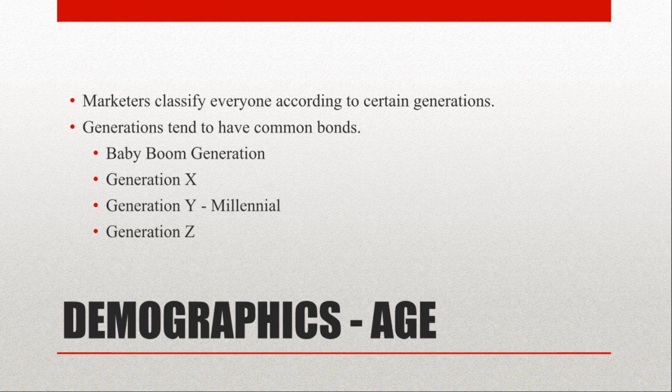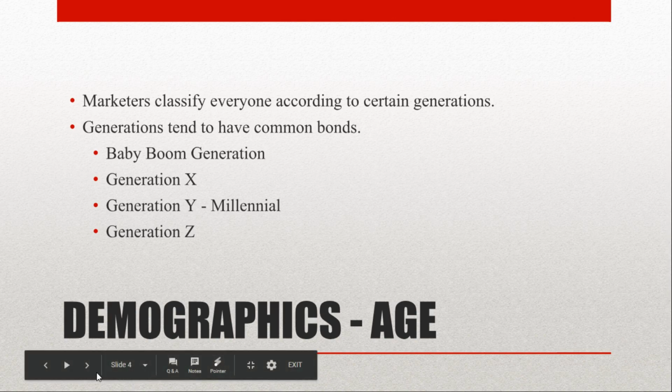You're either going to market to one or two of these, but you're probably not going to want to try to market to too many of them at one time. One common mistake I see students make a lot is when I ask them, "Who is your audience? How old are they?" You say everyone. Well, that's not an effective marketing strategy. You can't market to everyone all the time. You have to focus on specific demographics in order for your strategy to be effective.